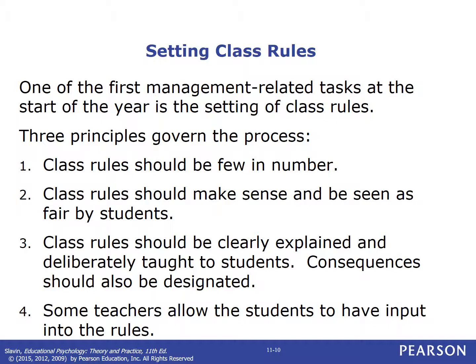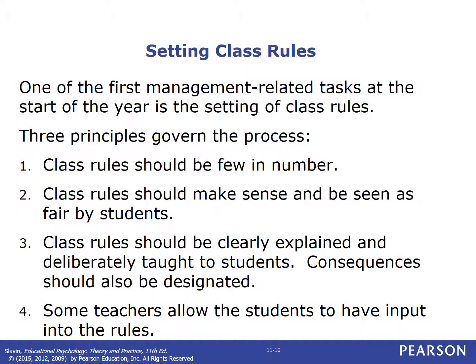So one of the first management-related tasks is the setting of class rules, and these principles should govern the process. First, class rules should be few in number. You shouldn't have 20 rules because most of them can be collapsed into three or four. I mean, if you think about the big overarching ones, they are things like show respect for yourself and others, keep your hands and feet to yourself, that kind of thing.